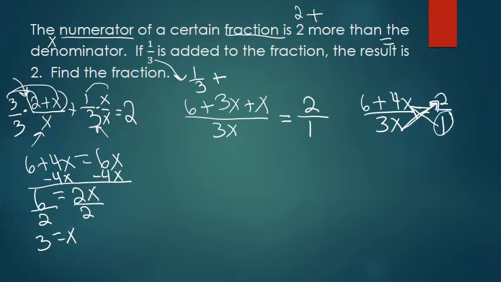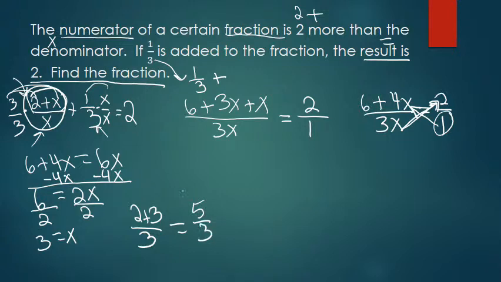So back in the original equation, which was this part in terms of the relationship between the numerator and denominator, my x is 3, so I know that my denominator is 3. And then my numerator is 2 plus 3. And they're looking for finding the fraction. So I get 5 over 3, and that is my final answer. So the fraction is 5/3.